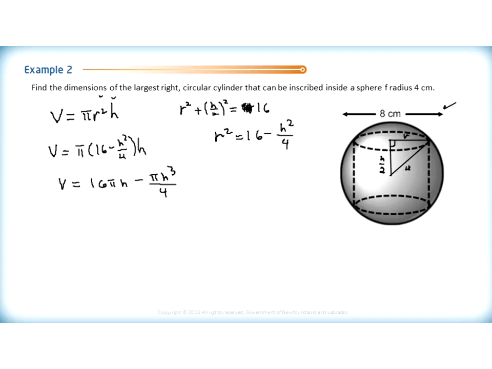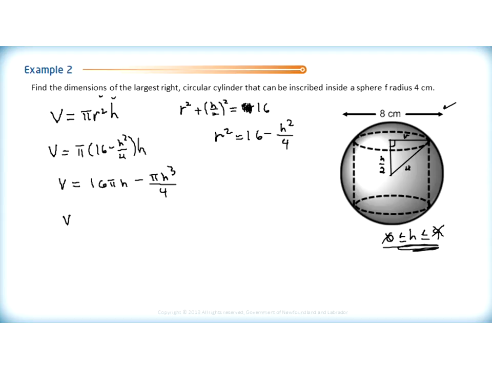I could put some restrictions on the value of my height. Certainly the height can't be any bigger than the radius, and it can't be any smaller than 0. So let's say that the height is going to have to be greater than or equal to 0 and less than or equal to 4. So those are going to be restrictions. Of course, neither one of those endpoints will matter a whole lot for this problem because they both give us volumes of 0. But just so we know that we have some endpoints.